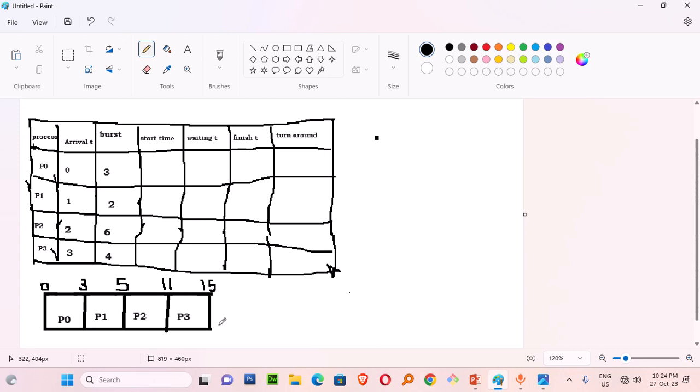I think you can now see how our Gantt chart is going to generate for us the answers. So from this, we can now shift it to our table. The start time for P0 is 0, because it started at 0. Then the start time for P1 is a 3, because P1 started at 3, not so?